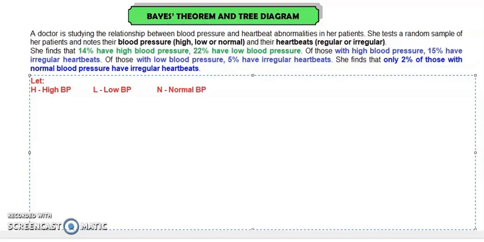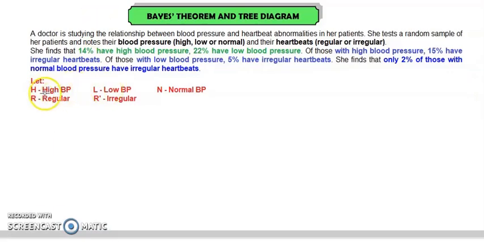The second event is about their heartbeats. So I use R for regular and R prime for irregular. Or if you want to use I also, no problem, as long as you define it.